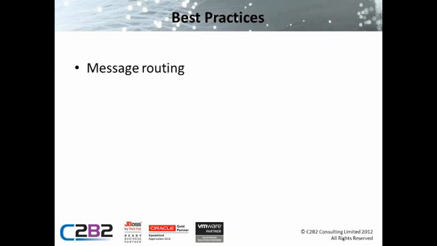Now, obviously, with any ESB, the focus is on messages, and a big part of ESB activity is message routing. And particularly with OSB, it's always good to place any routing information that you can in the transport header. So, for example, the SOAP header, and make your decisions based on that.